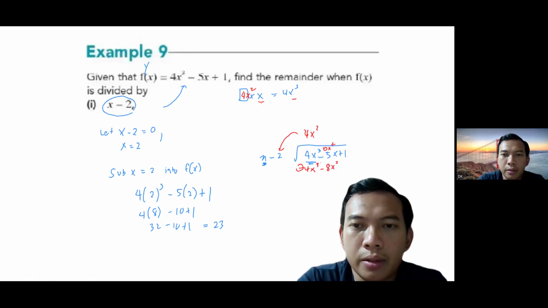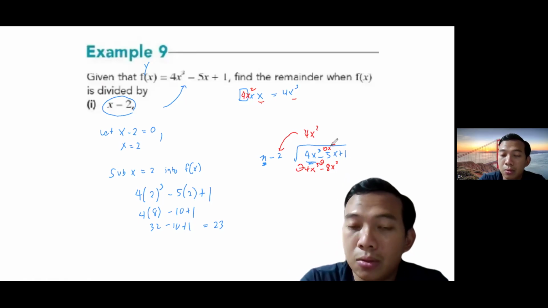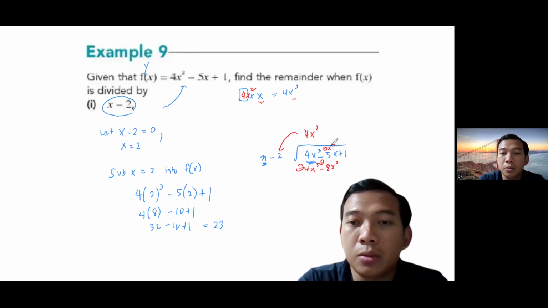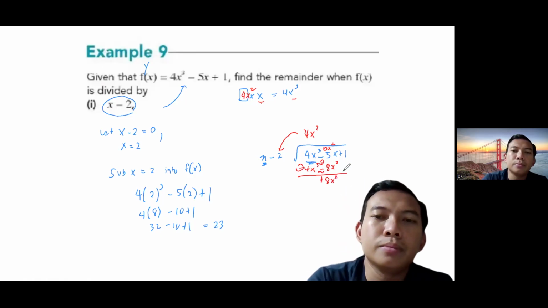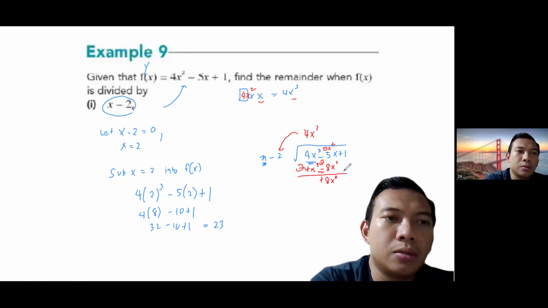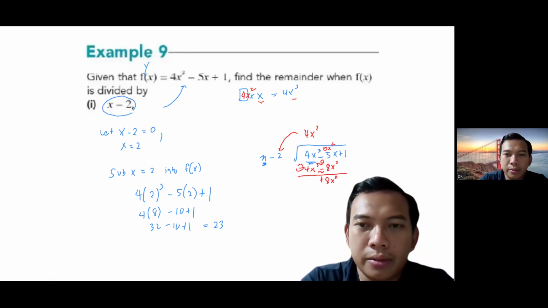Don't forget there's an automatic minus, so minus 8x squared gives you plus 8x squared. You can see it's quite a lengthy one, right? So bring over minus 5x plus 1.